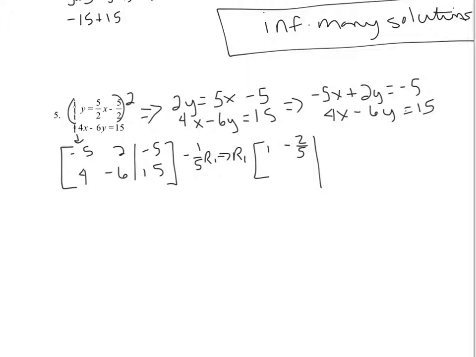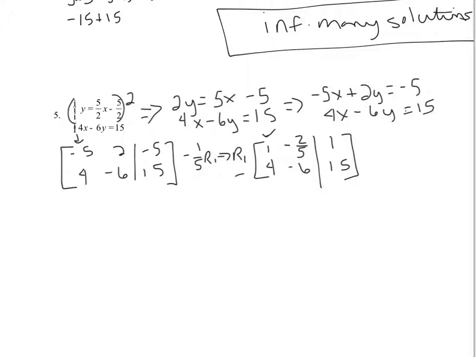And negative 1/5 times negative 5 gives me a positive 1. Make sure you keep up with signs. Bottom row has not changed. 4, negative 6, 15.